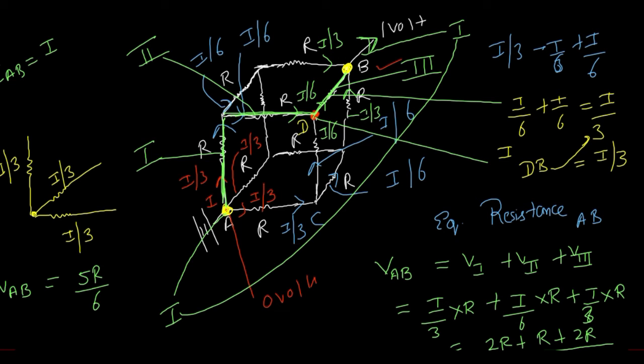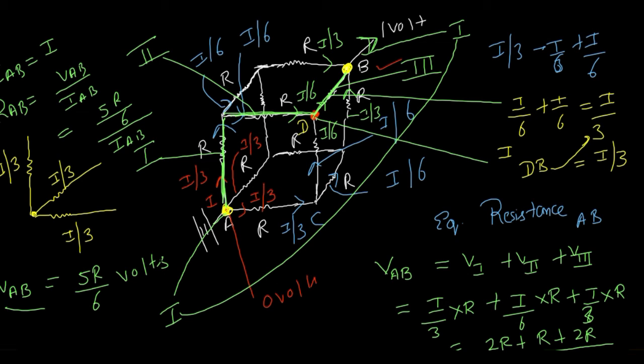And now you have to find the resistance between A and B, which is going to be V_AB upon I_AB, equal to 5R by 6 divided by I_AB. I think I forgot to write that this is in volts.